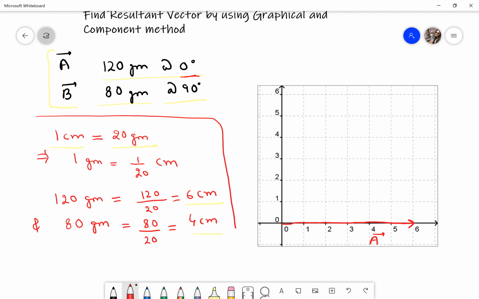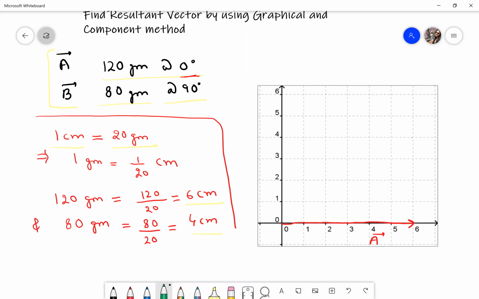This is known as the tip of the vector, and here at 0 origin we have the tail of the vector. Now the second vector is 80 grams at 90 degree. This second vector is acting at 90 degree at this tip. After conversion, this 80 gram is equal to 4. So you start from this tip and go 4 centimeters: 1, 2, 3, 4.